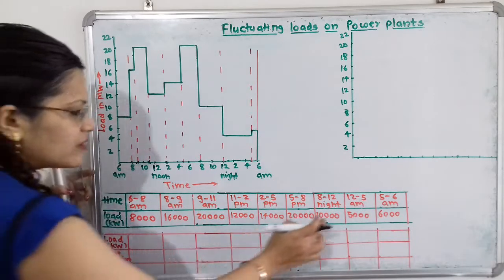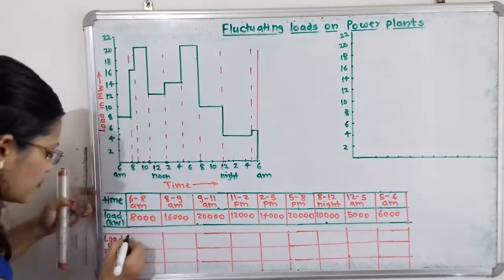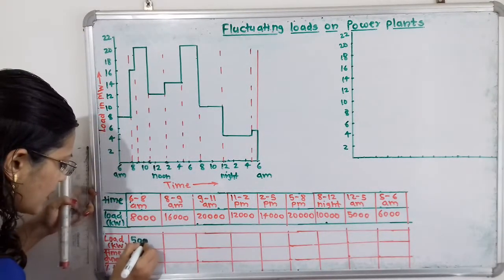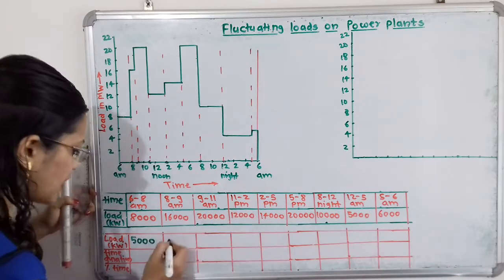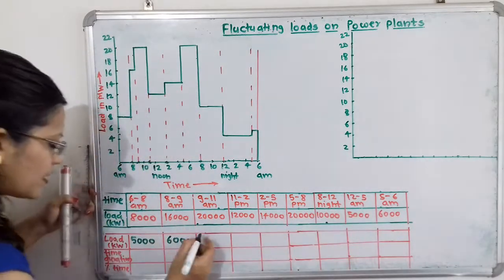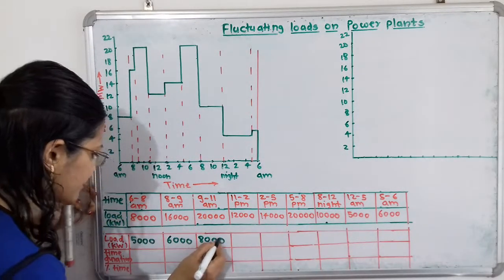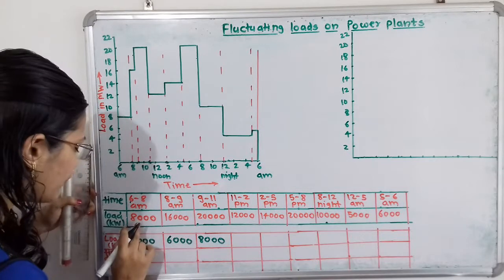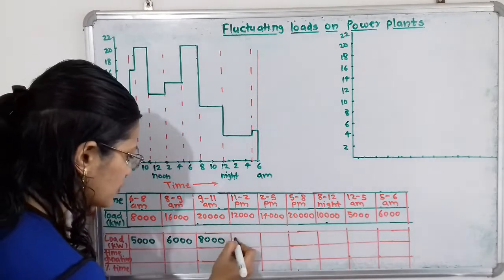For that, first we will take the minimum load, that is 5000. After that 5000, it is 6000. Then 6000, then 8000. Then after 8000 it is 10,000.